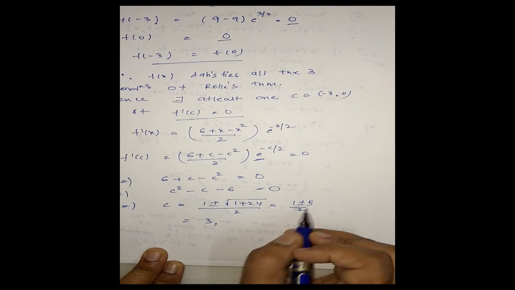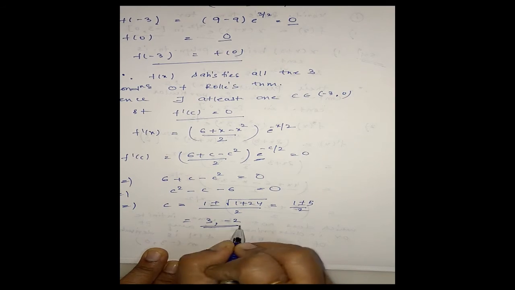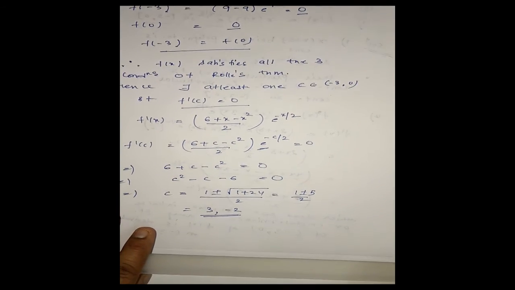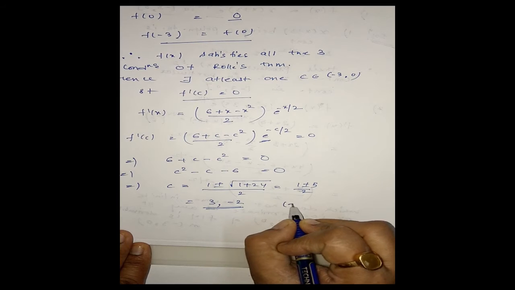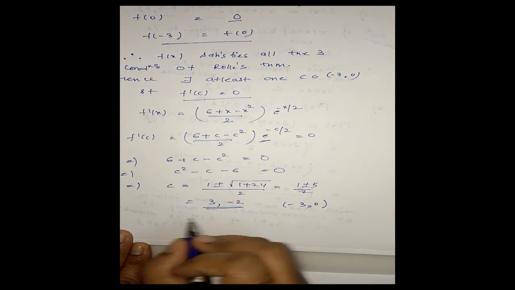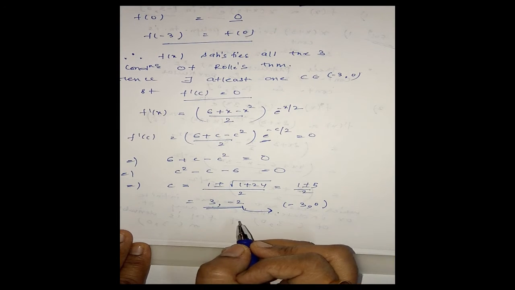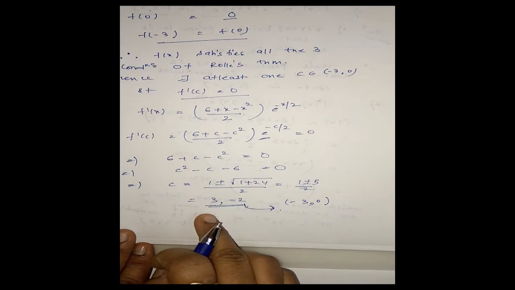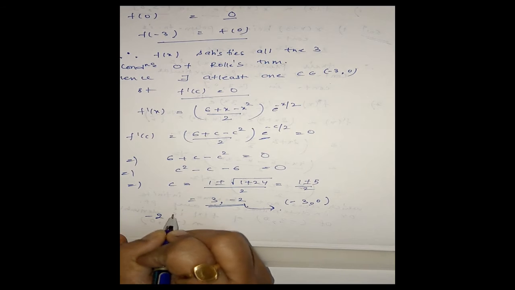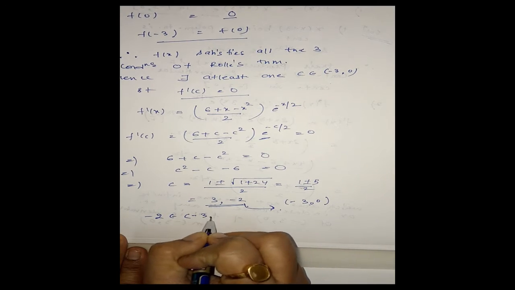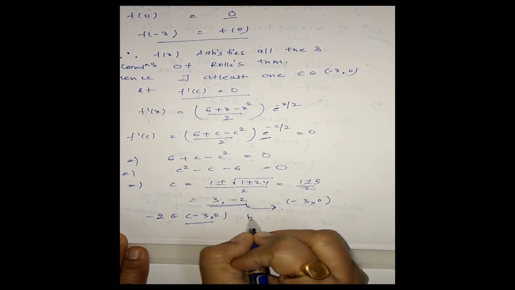And 1 minus 5, minus 4, this is minus 2. Out of these two values, the interval here is (minus 3, 0), and minus 2 belongs to (minus 3, 0). Hence the verification.